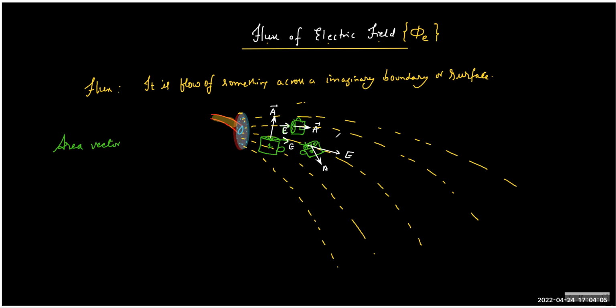At theta equals 0, flux is maximum. And at theta equals 90 degrees, flux is 0, isn't it? And at some angle theta, it has some value.